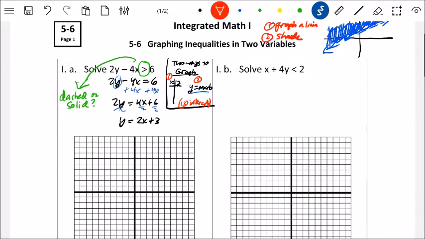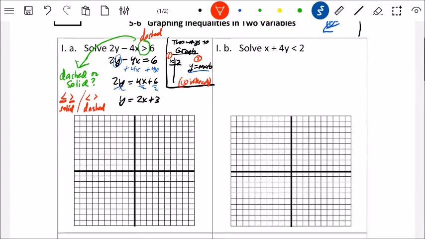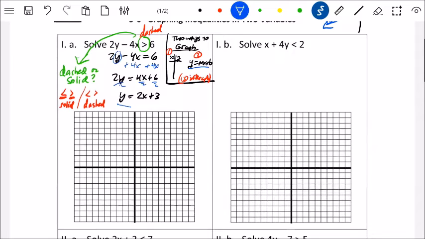That's where you have to remember that the equal sign underneath means solid lines, because the points on that line are equal, as opposed to these, where it's a dashed line. This one looks like it's going to be a dashed line because it doesn't have a little equal sign underneath it.